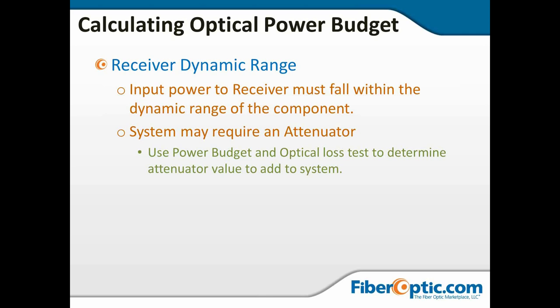Because while it says dynamic range, and we think mostly on long runs about how low can we see, that dynamic range has an upper end as well. And if you push harder than the upper end, it's going to saturate the receiver. And just like looking into a pair of headlights in the dark, it's going to saturate and you won't be able to discern ones and zeros. So both of these need to be taken into account in design.